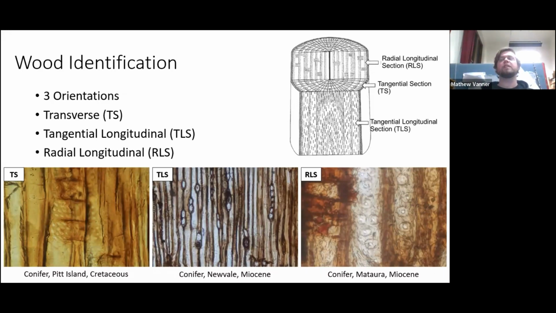When we're looking through the tree, we can see the nice growth rings. The radial longitudinal is basically, if you imagine a circle, taking a radius from the center of that circle out, and your tangential longitudinal is at right angles to that.